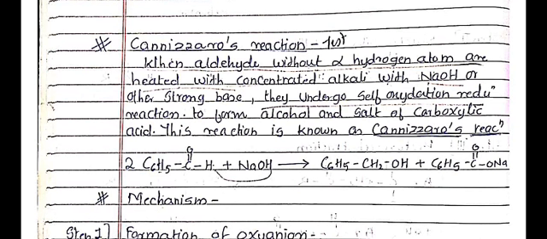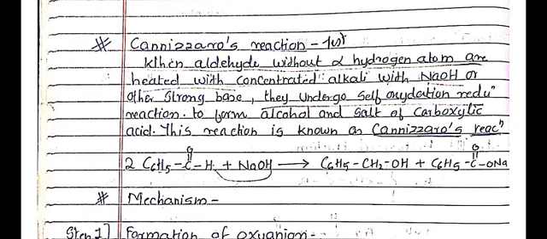Okay friends, whenever we have to understand named reactions, there are thousands of named reactions, but we can easily identify each reaction by finding the differences between them. The differences are in the reactant part, the reaction condition part, and the product part.